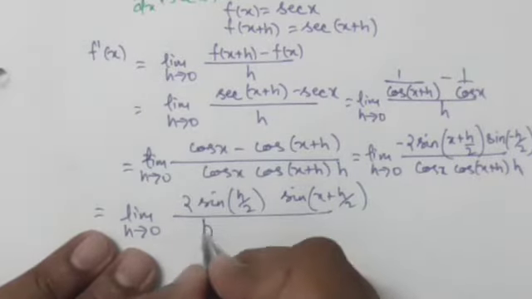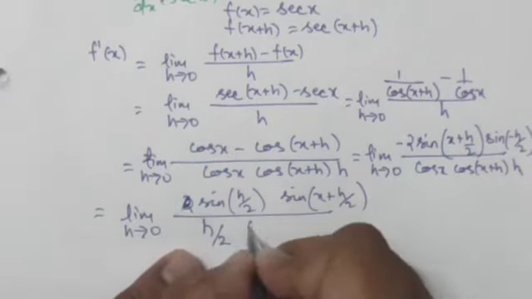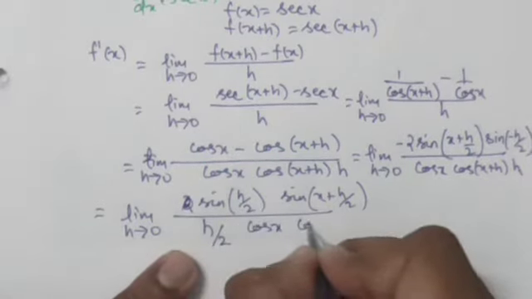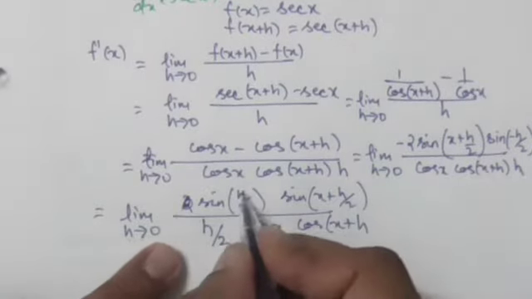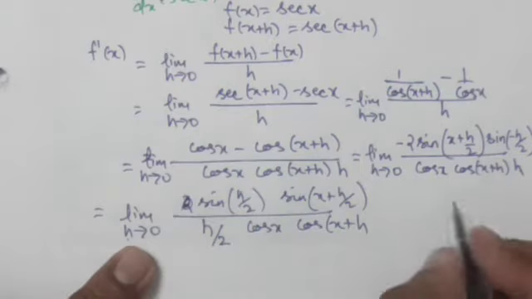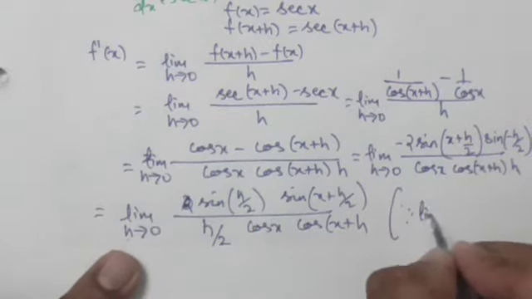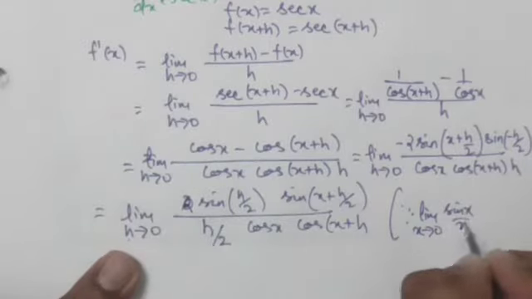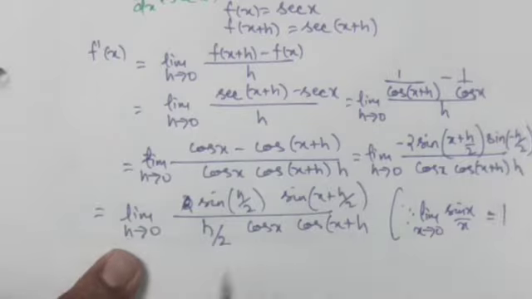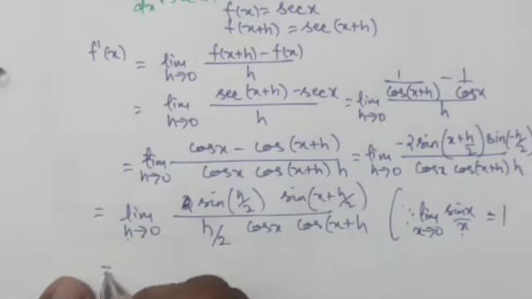So what I'll do, this 2 I'll write here, cos x cos(x + h). So as h tends to 0, h/2 also tends to 0, and we know that limit x tends to 0 sin x upon x is equal to 1. So here I will apply this theorem.